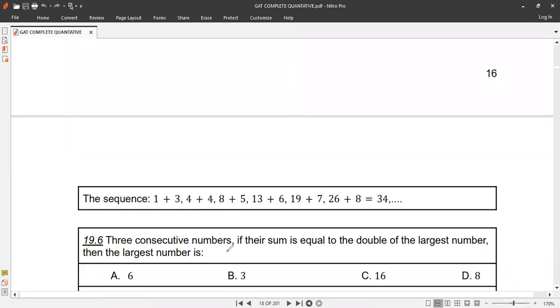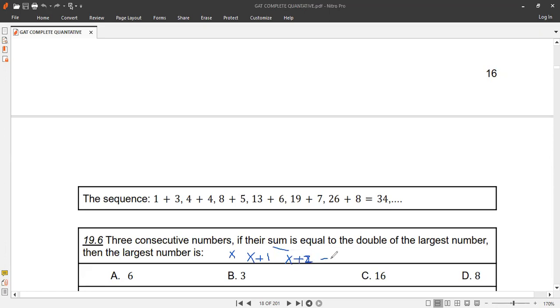Here he asks three consecutive numbers. When they say three consecutive numbers, the first one is x, and the second one is x plus 1, and the third one is x plus 2, because they are consecutive numbers. The sum, so this means I need to add them, equals double of the largest number. The largest number is x plus 2.